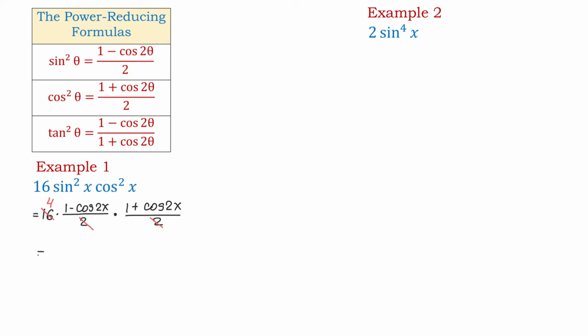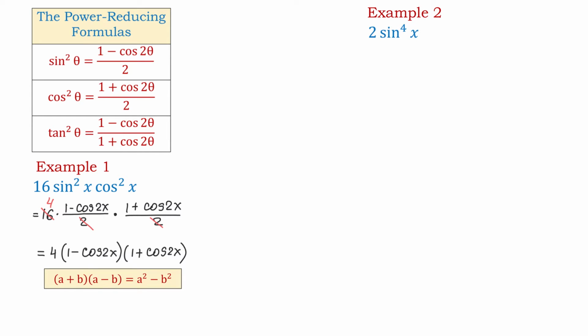And now we have 4, and in one parenthesis 1 minus cosine of 2x, and in another one 1 plus cosine of 2x. Now to multiply these two expressions, we will use the formula a plus b times a minus b equals a squared minus b squared.